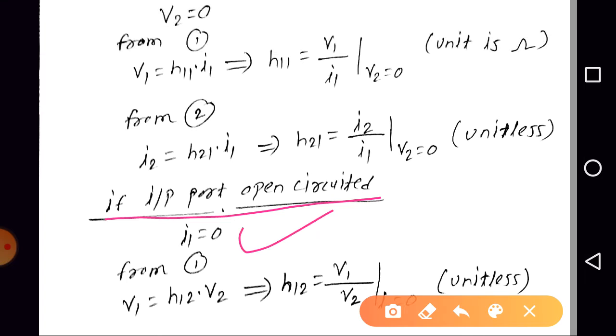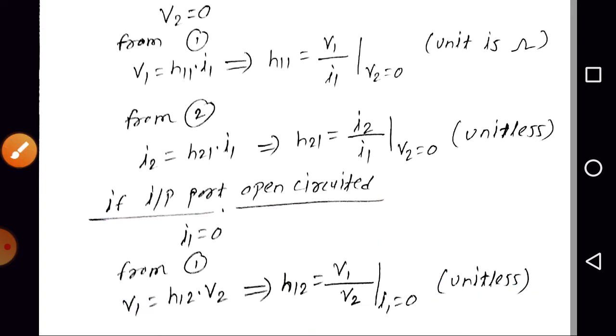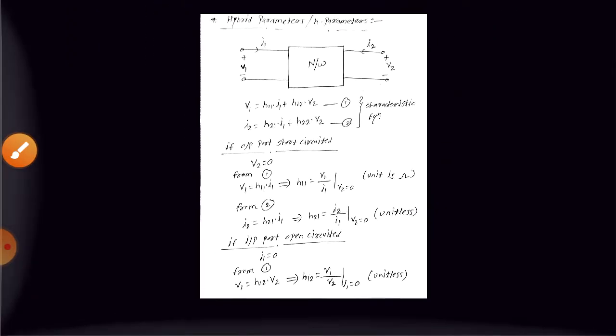If I1 is 0, then from the first characteristic equation, V1 is equal to H12 into V2. So H12 is equal to V1 by V2, a ratio of input port voltage to output port voltage. So H12 is also a unitless parameter.